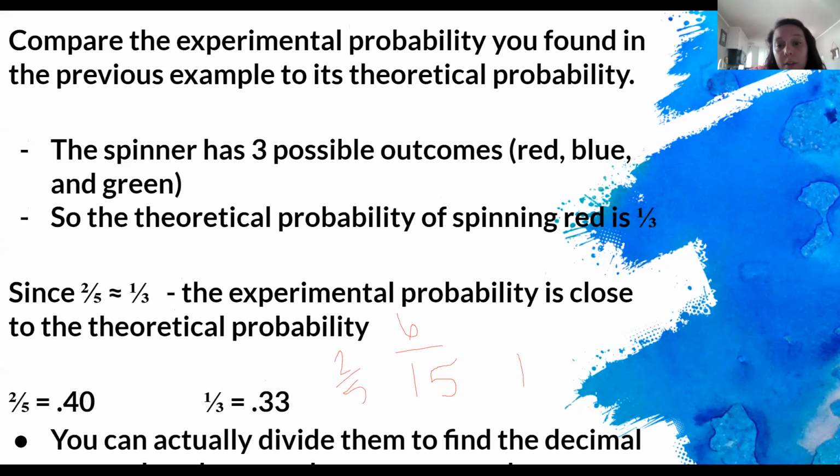And then on the other one, if I'm changing 1/3 to 15ths, I'm multiplying by 5. So this would be 5/15. So you can see now 6/15 versus 5/15. They're really close to each other. When you do it this way, they're only 1 off from each other. So it shows you how close they actually are. So whichever way is easiest for you, if you need to divide them out to make them decimals to show that they're closer, or making a common denominator, whatever works best for you.